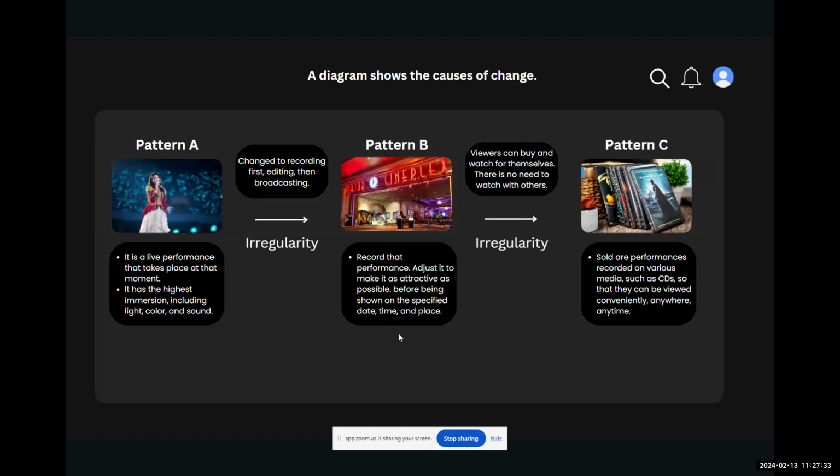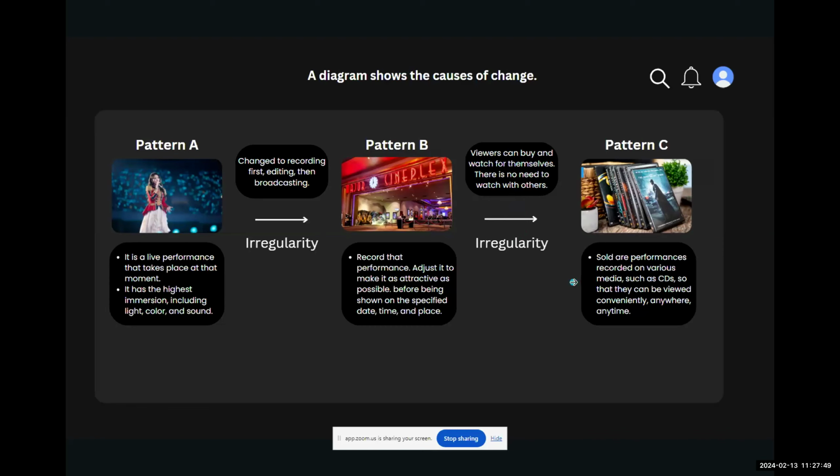From pattern B to pattern C, the regularity is that viewers can buy and watch for themselves. There is no need to watch with others.